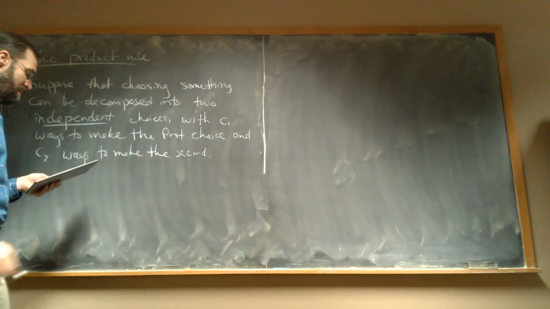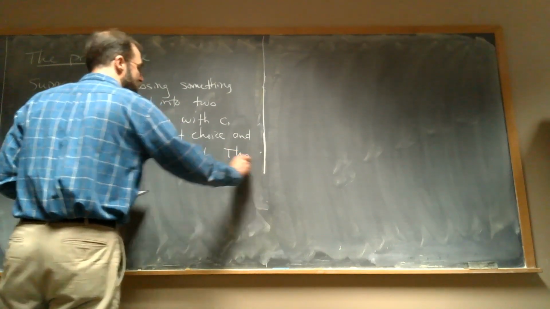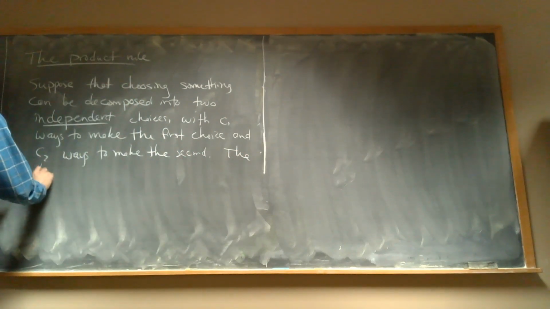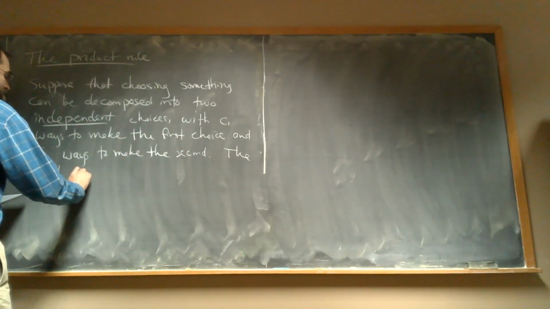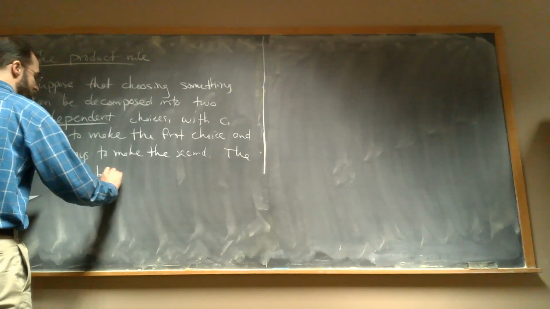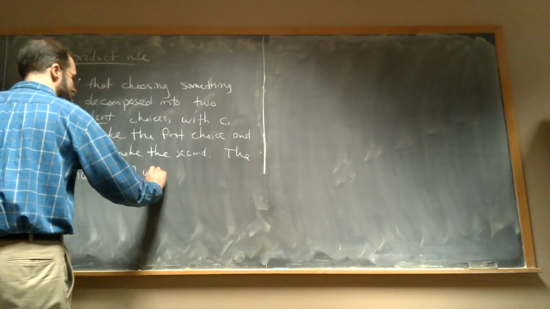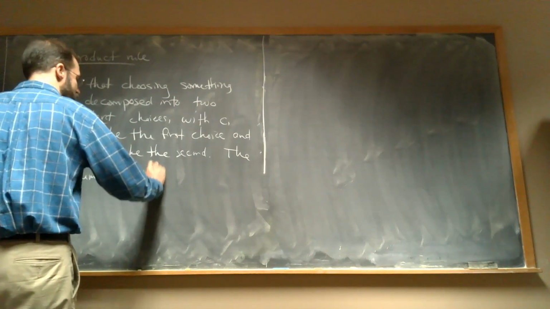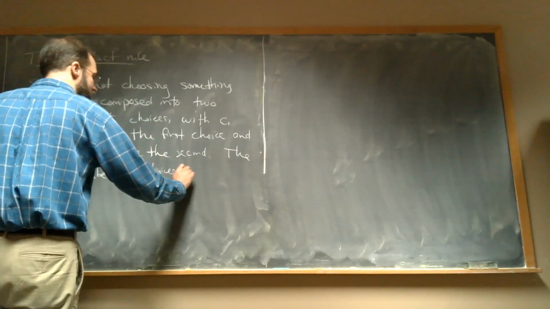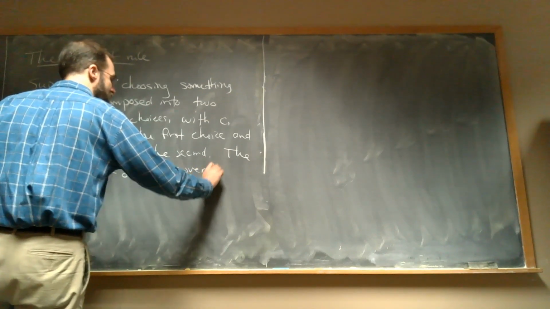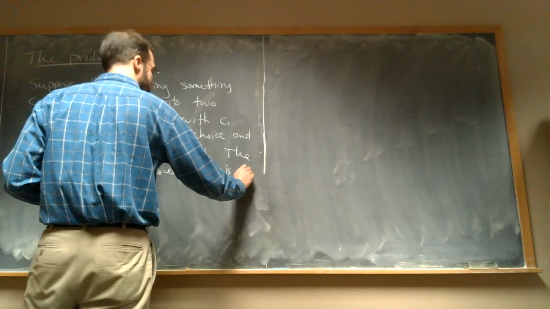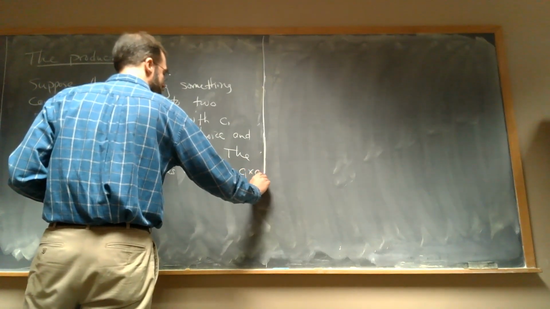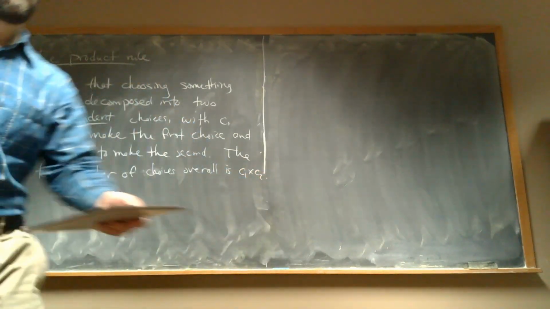Okay, then the total number of ways to choose, I'll say total number of choices overall, is C1 times C2.